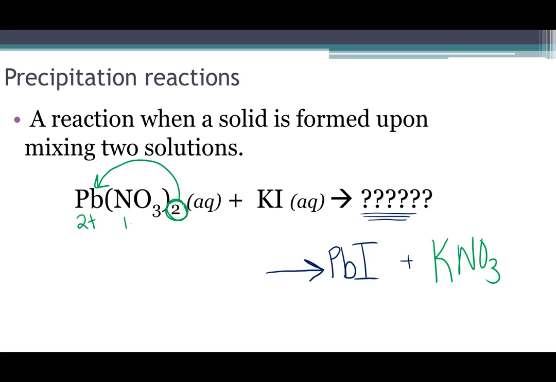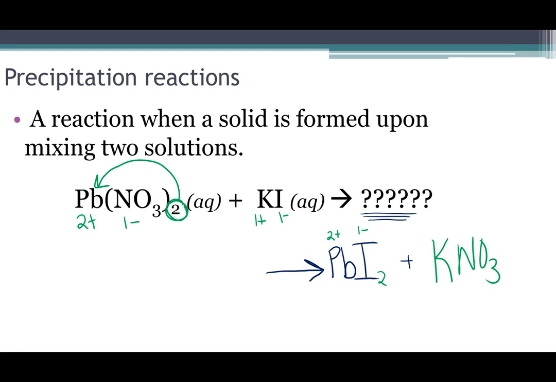Nitrate is always a 1 minus. Potassium is in group 1A. He's always a 1 plus. Iodine is in 17 or 7A. He's always a 1 minus. Okay. So when we picked up our new partner, we had a 2 plus that got together with a 1 minus. So what do we need? That's not electrically neutral. What do we need?